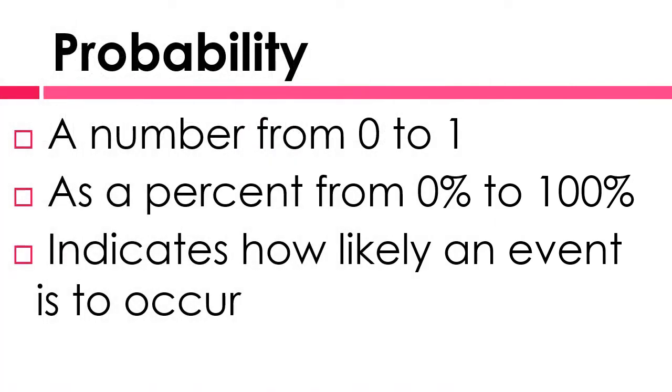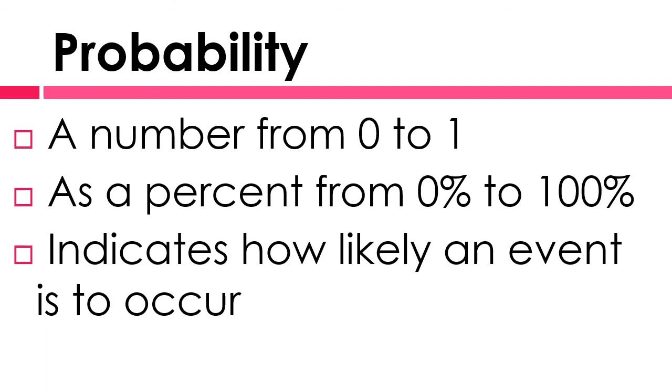First, let's define the word probability. When I talk about probability, I'm talking about the likeliness of something happening. So it's a number between 0 and 1, so it could be a decimal or a fraction, and we can convert that into a percentage.